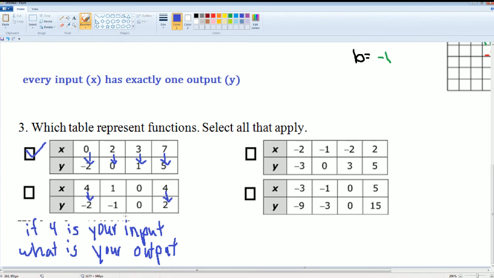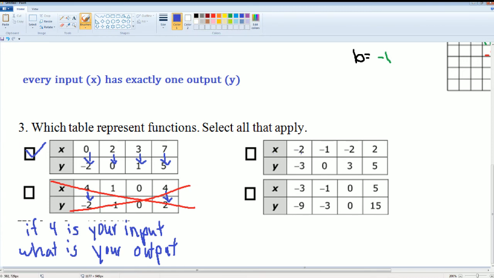You can't answer it because there are two different y values. So this is not a function. This is bad. There are multiple outputs. -2 was an output and 2 was an output. This is bad.